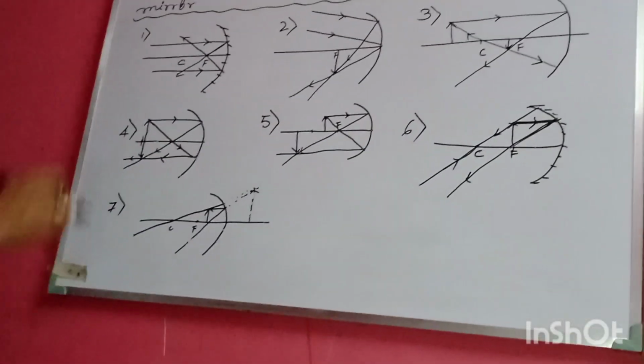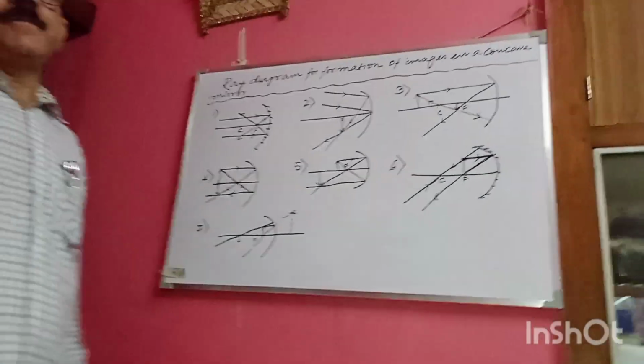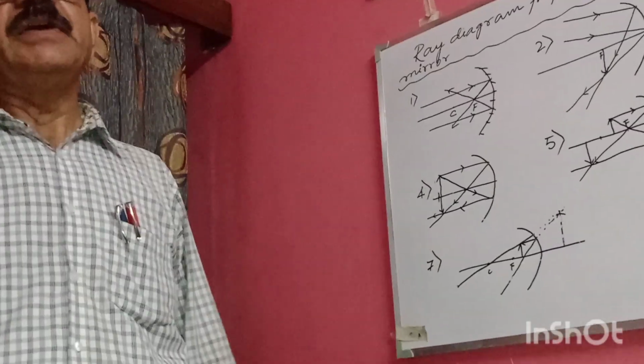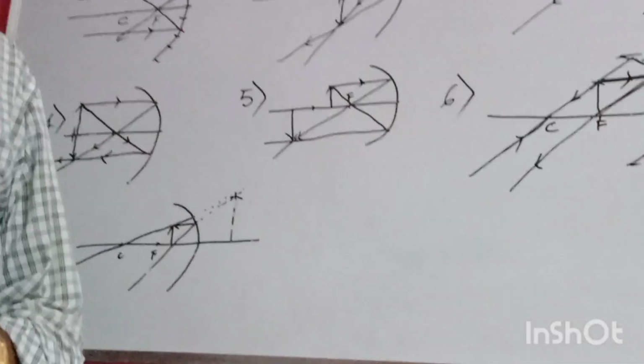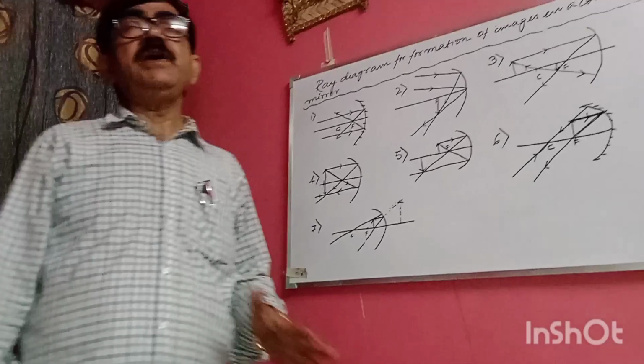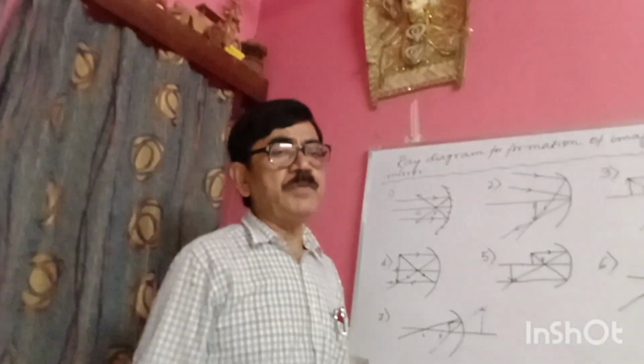Okay, now suppose the light is coming from an infinite distance. You may consider the sunlight coming, which should be considered a parallel beam of light coming from infinity.